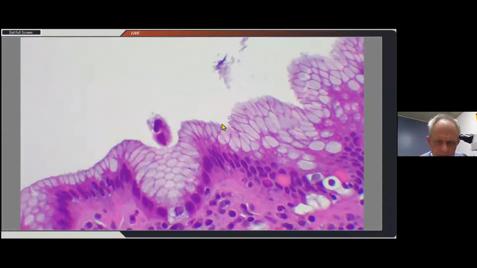And in fact, one of my favorite sayings is that special stains often make the problem a different color. But if you look there, you can see the curvilinear bacteria of H. pylori.